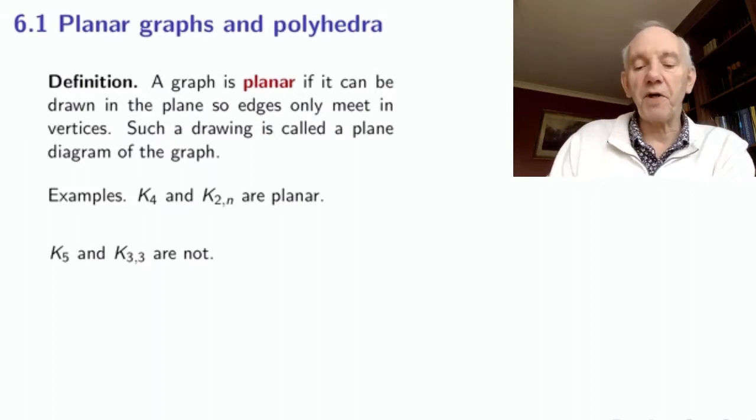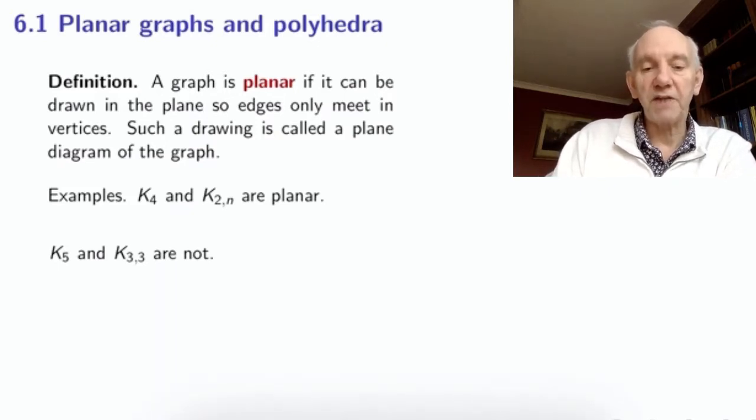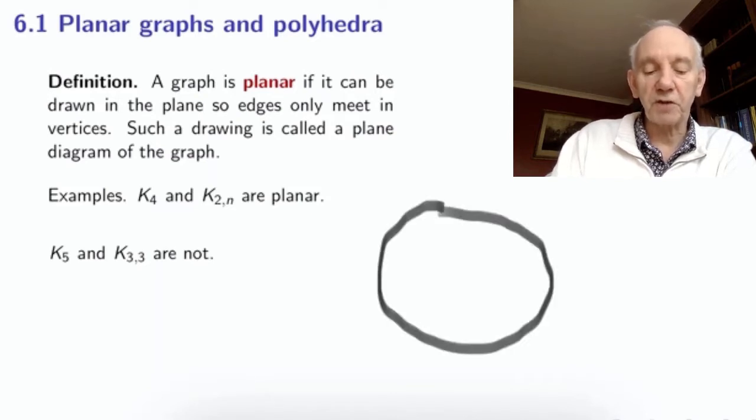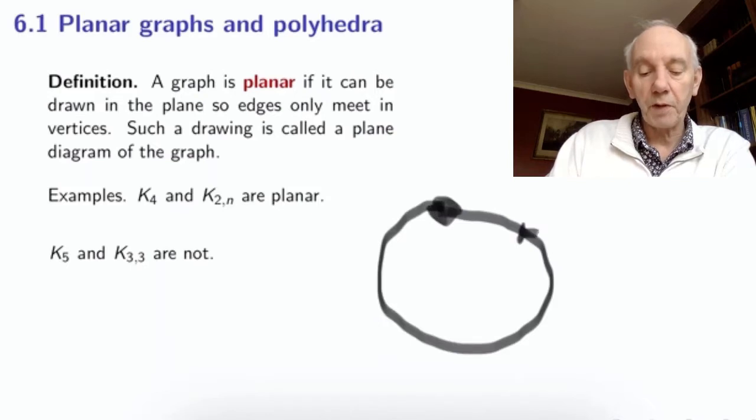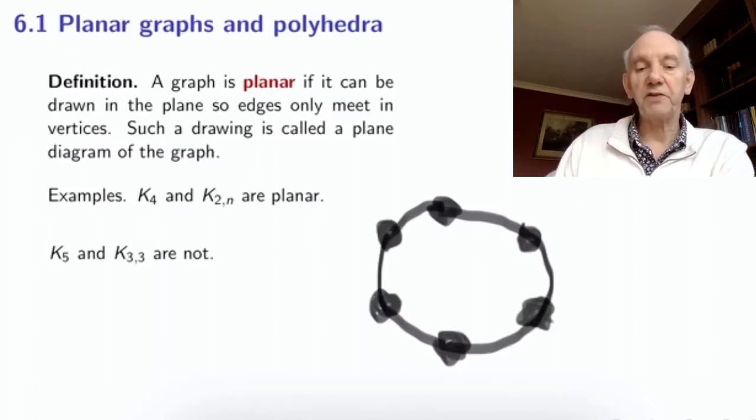Let me actually give you a less common picture of K33. You can get it by just drawing the 6 vertices around a circle. I haven't got enough room here. Should have spaced them equally.